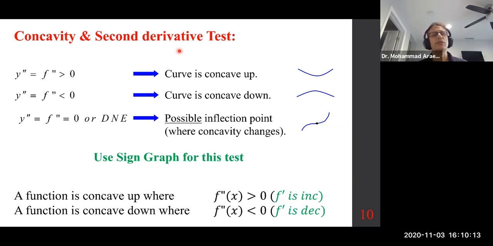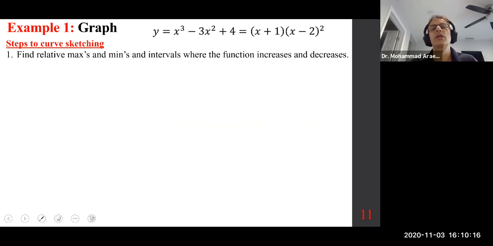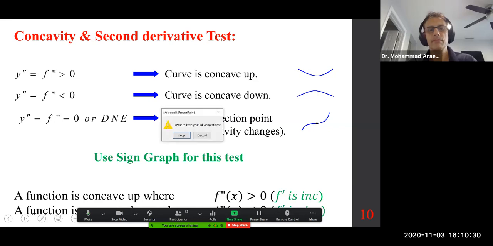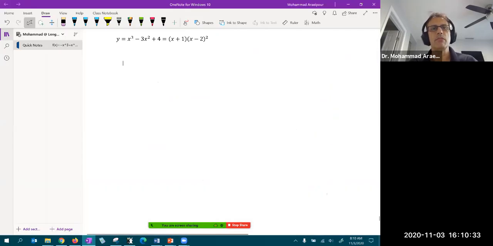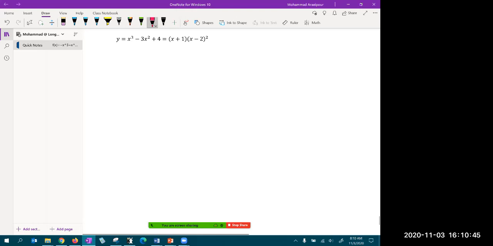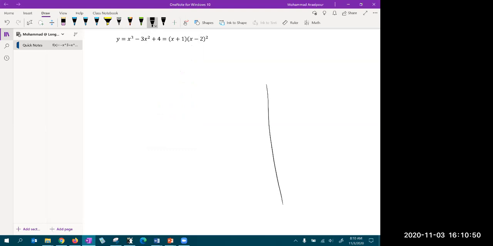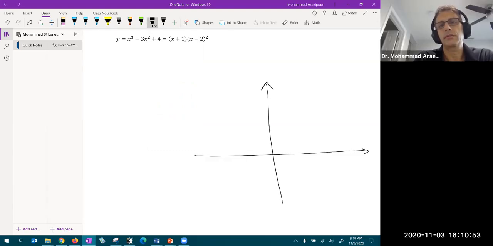So we want to graph this. And what I want to do is show you how we can graph this without calculus, in essence. Okay, so let me quickly show you how it's done. So the idea is to graph it.